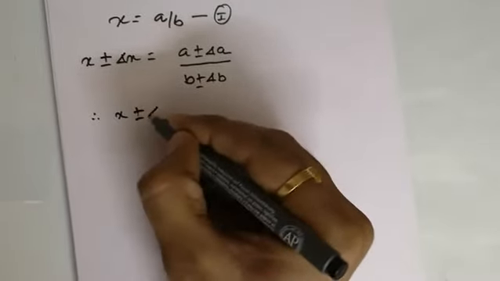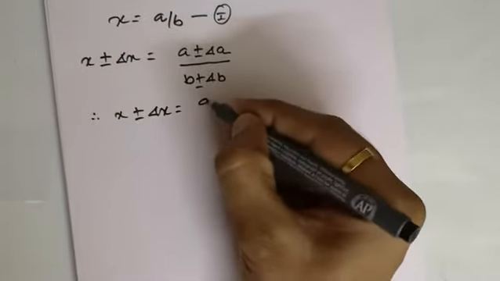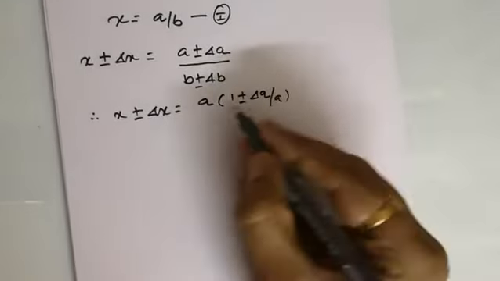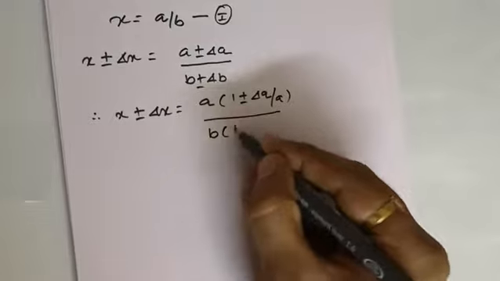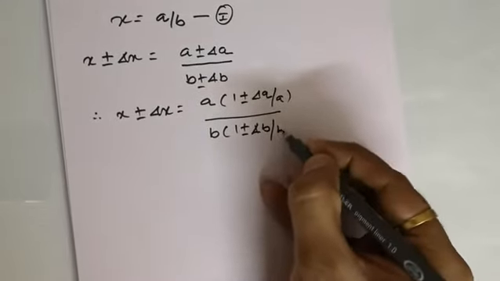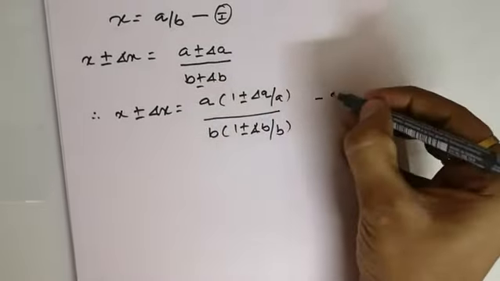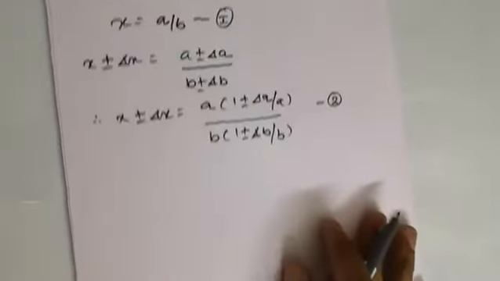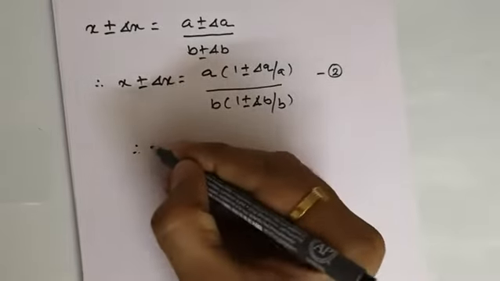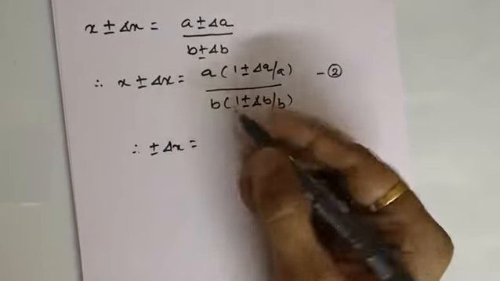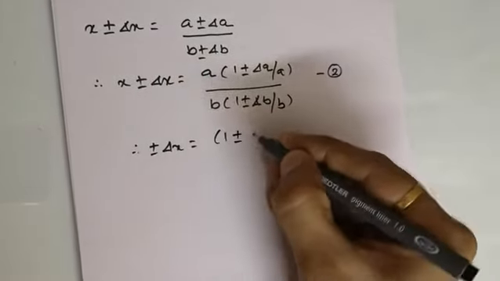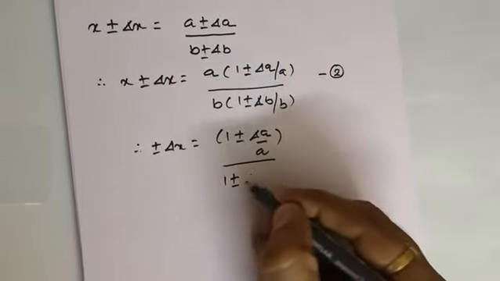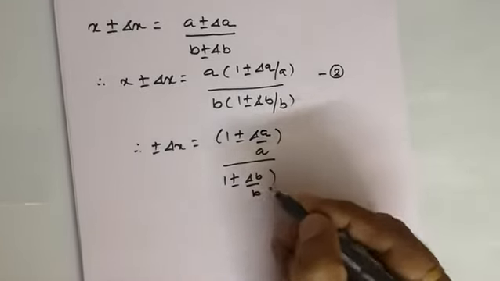So I may have x plus or minus delta x, where a is common, 1 plus or minus delta a by a, and b 1 plus or minus delta b by b. Let's say equation number 1 contains a by b and x can be cancelled out. So I may have 1 plus or minus delta x by x equals 1 plus or minus delta a by a divided by 1 plus or minus delta b by b.